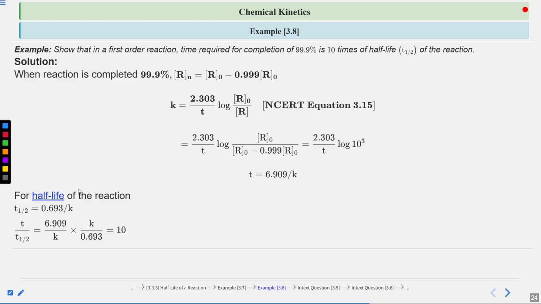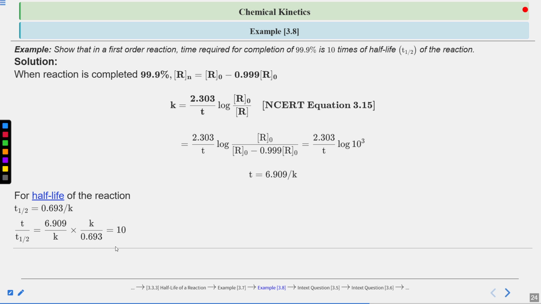This T is the time representing the completion of 99.9% of the reaction. So this is T, which is given as equal to 10 times the half-life, so 10 multiplied by T half. Now you can write it as T by T half is equal to 10. You know the value of T, and you know the value of T half, so you can put it in the denominator.